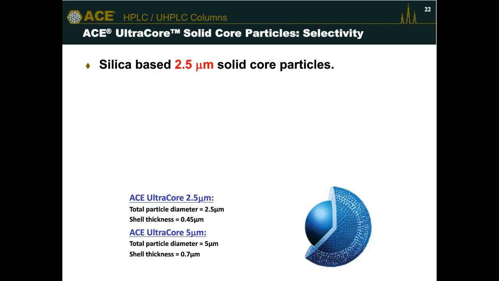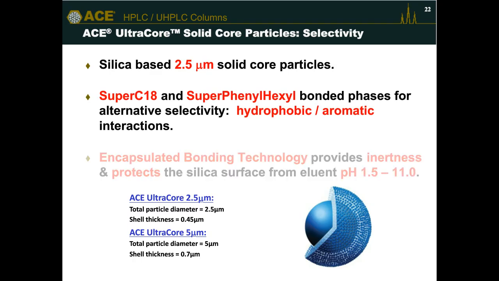So most of the method development examples I'm going to show you are on this 2.5 micron solid core particle structure that we have, and with two different bonded stationary phases. The first one is a C18. C18 works for the majority of applications with this hydrophobic interaction. In this case, it's a super C18.